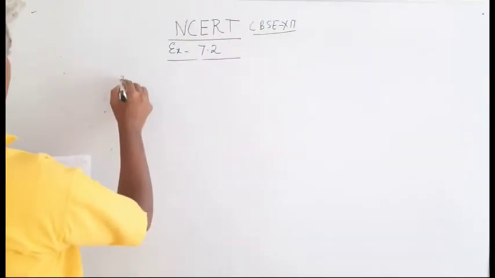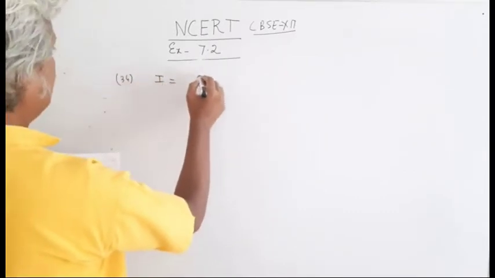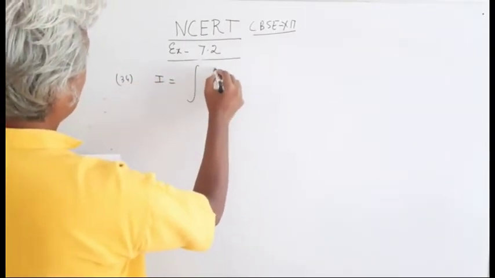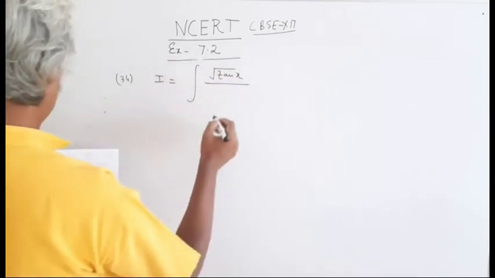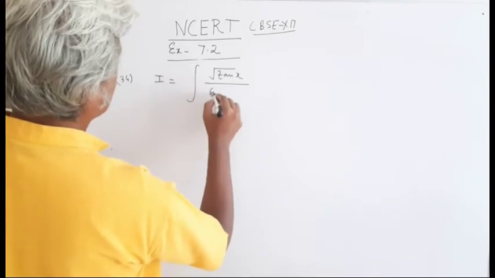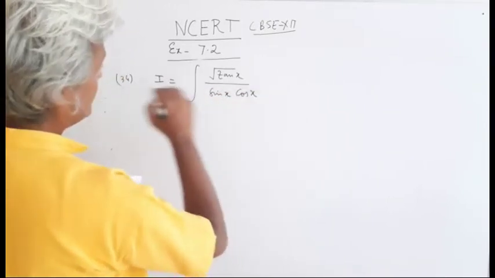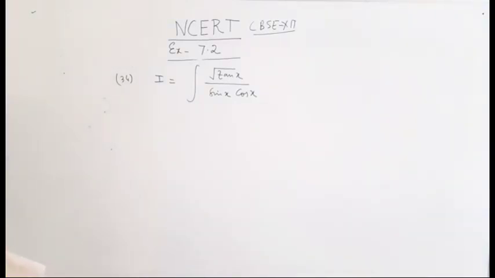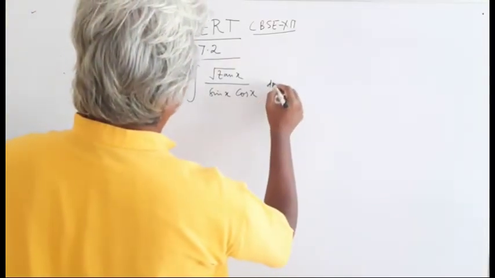Now question number 34. I is the integration of root tan x over sin x cos x. Now how to solve this particular question? I think there is one method which is going to help.